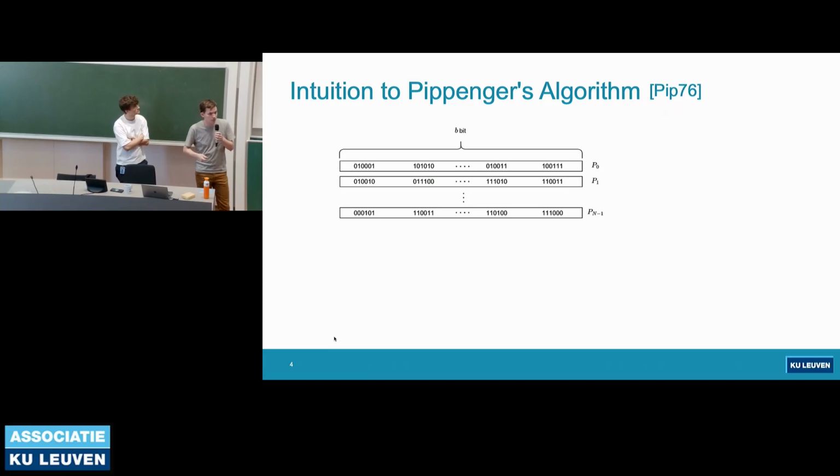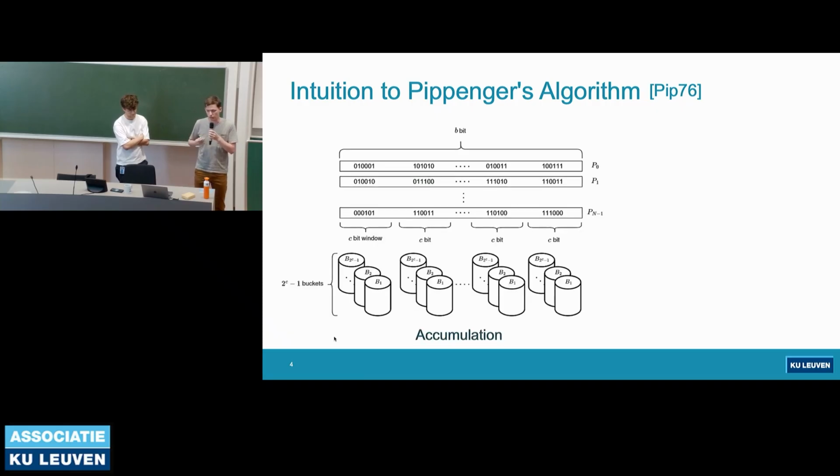This was a toy example with scalars only up to the value 3, but in realistic cases, the scalars are b bits long. This means that we will first need to split up the scalars into smaller parts and then do this accumulation of the same scalars for each of those windows separately, because that is what we will call this group of scalars.